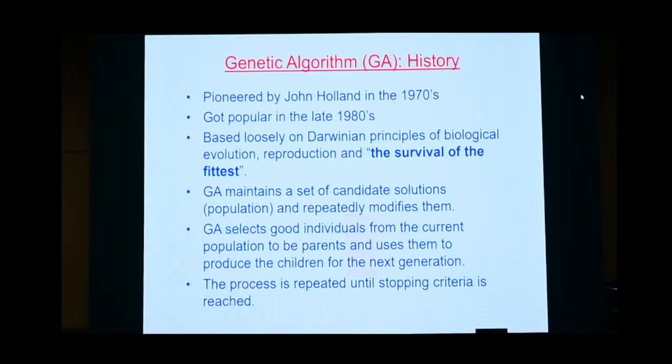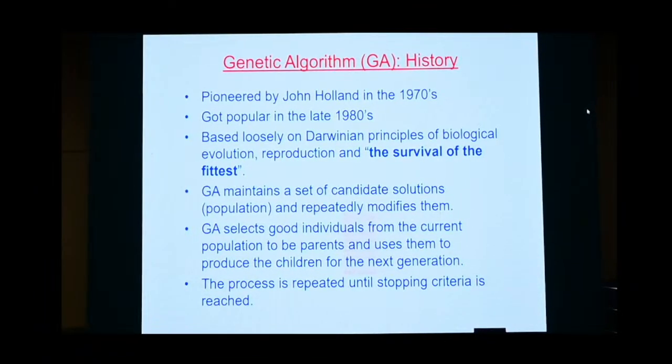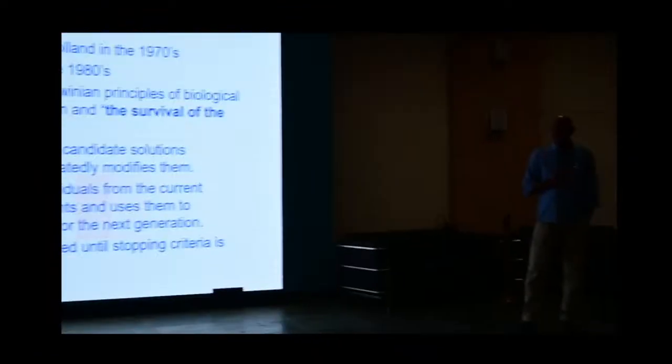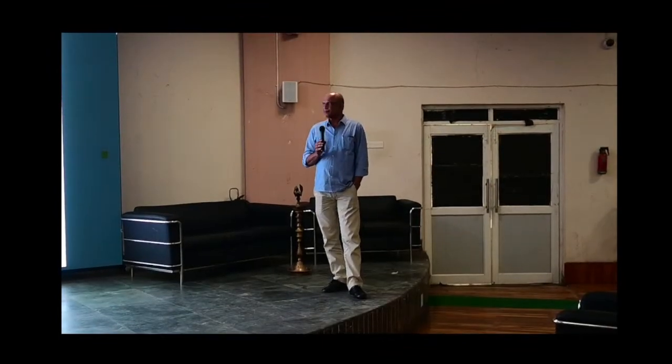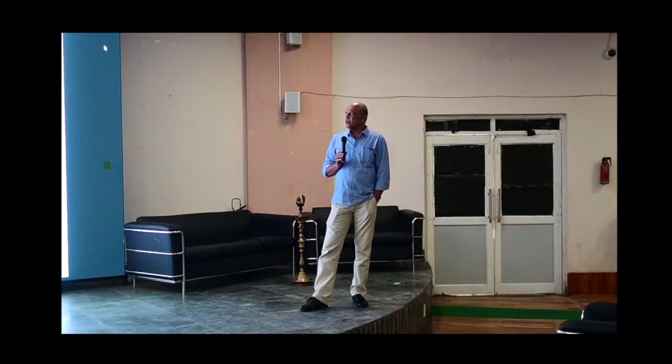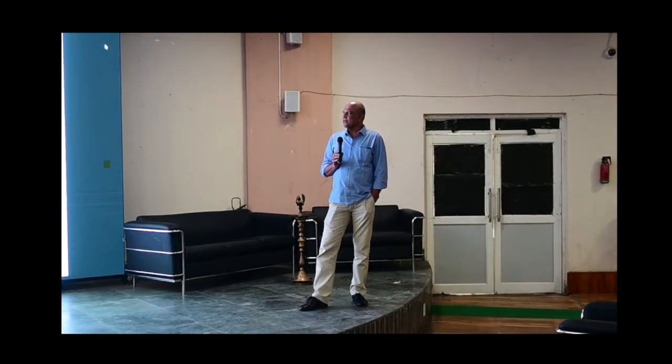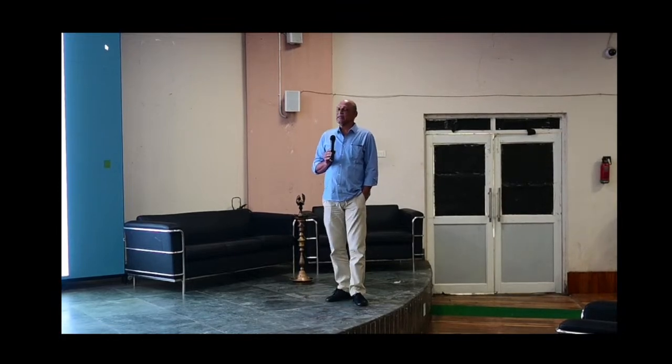Only the fittest will survive. So the genetic algorithm maintains a set of candidate solutions known as the population and repeatedly modifies them. The genetic algorithm selects the good individuals from the current population to be parents and uses them to produce the children for the next generation.